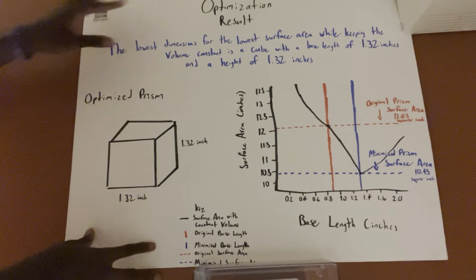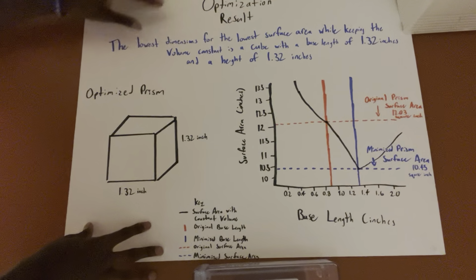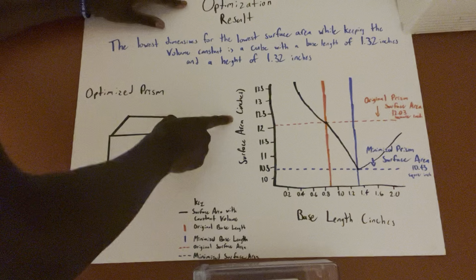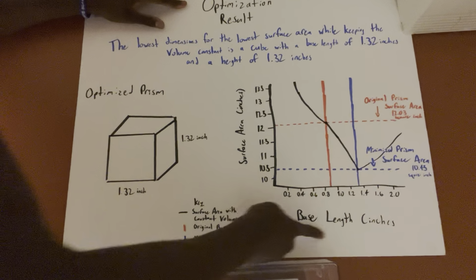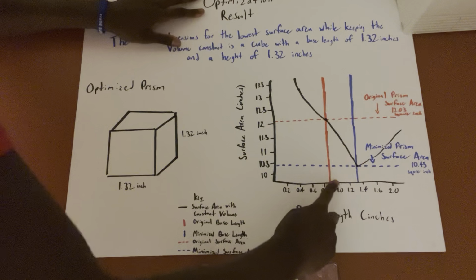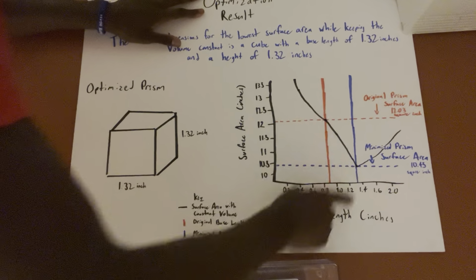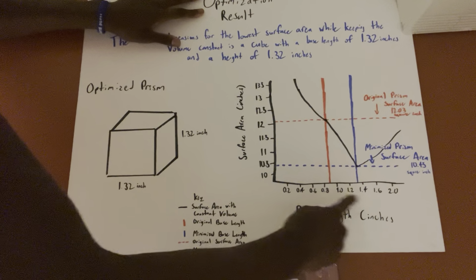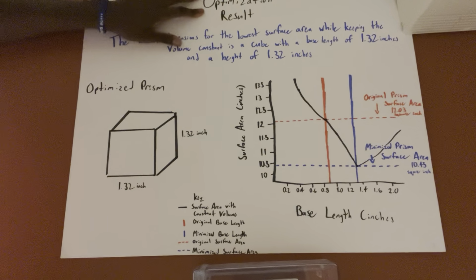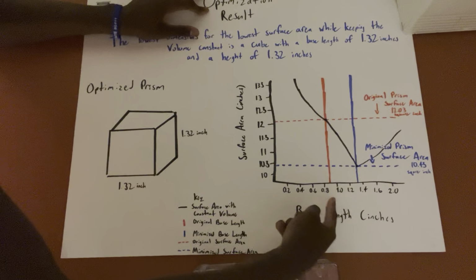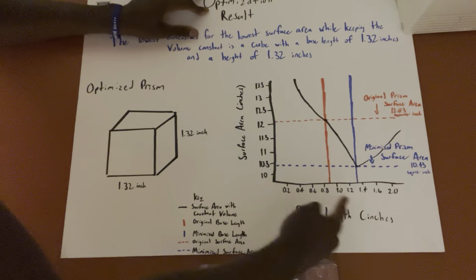Here I have a graph to show that. On the y-axis, we have surface area in inches, and base length in inches. These vertical lines, the red one is the original base length, and the blue one is the minimized base length. So the original base length was 0.875.